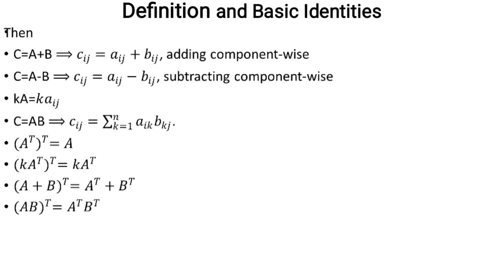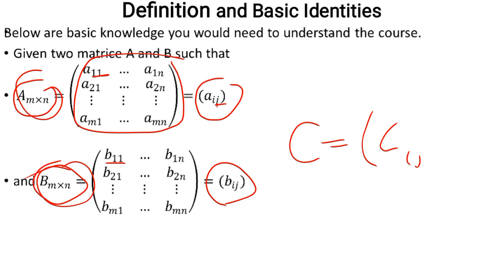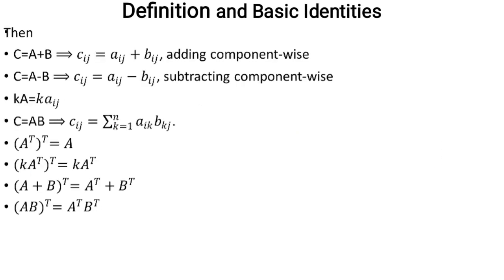The next thing you need to remember is that if I want to add these two matrices, A and B together, to get a C, so C will be something like Cij. So to get a C, this is the rule. You just simply sum the entries together, okay?